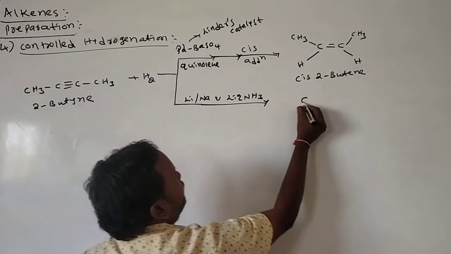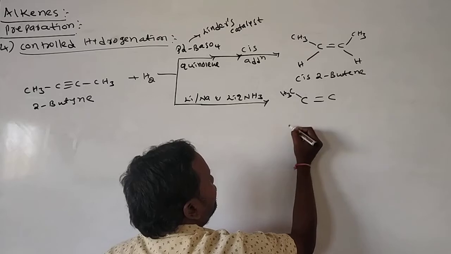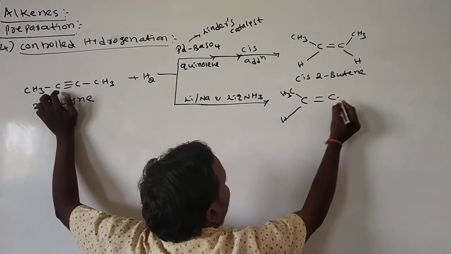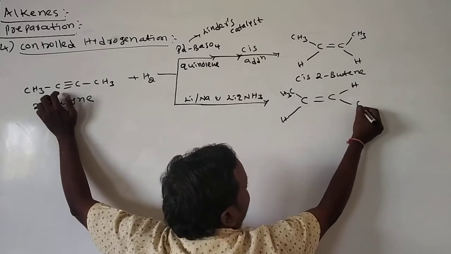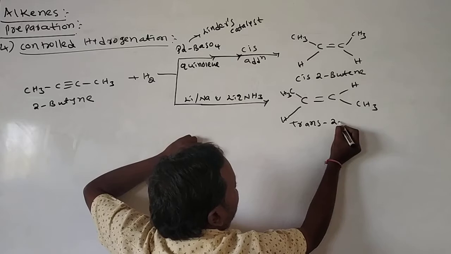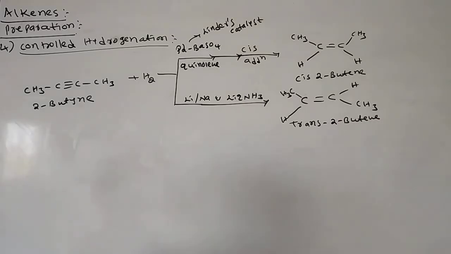First I am writing C double bond C, CH3 as usual. H is added to this carbon from the downside, and here H is added from the upside. We get this molecule, which we call trans-2-butene. Cis and trans are two isomers. This we call controlled hydrogenation.